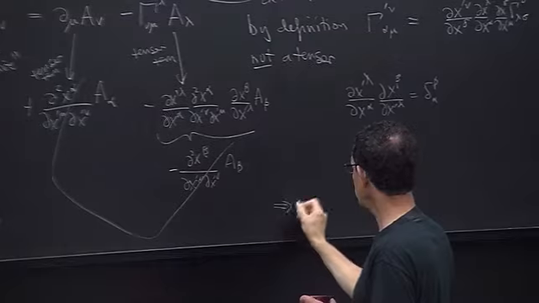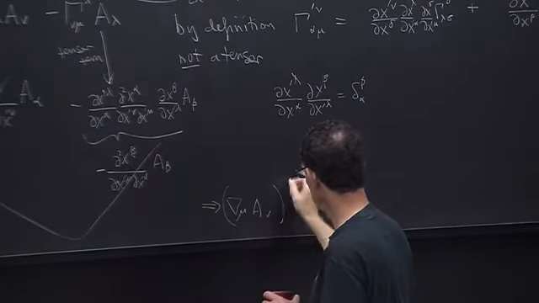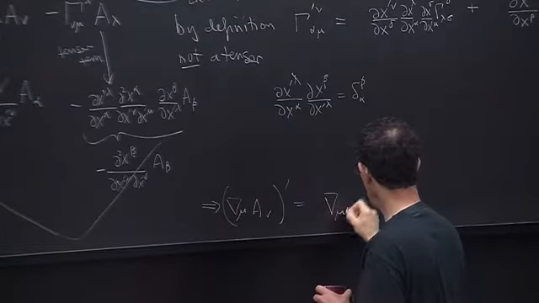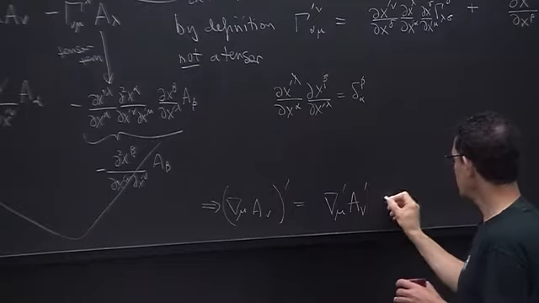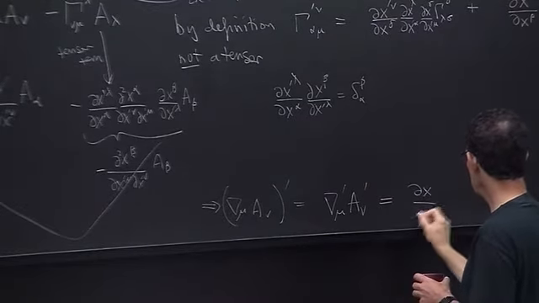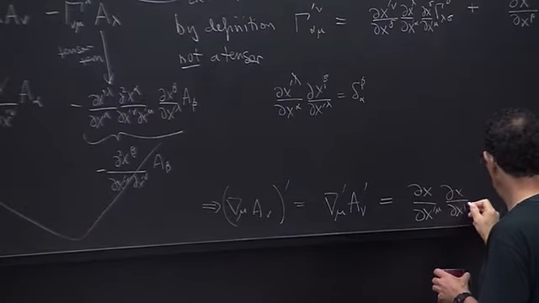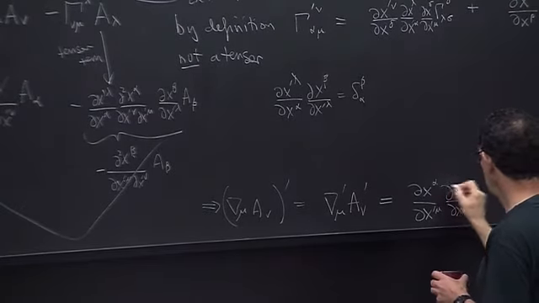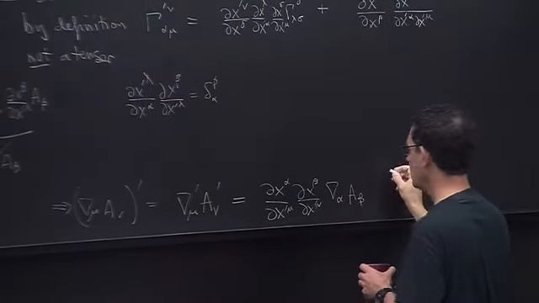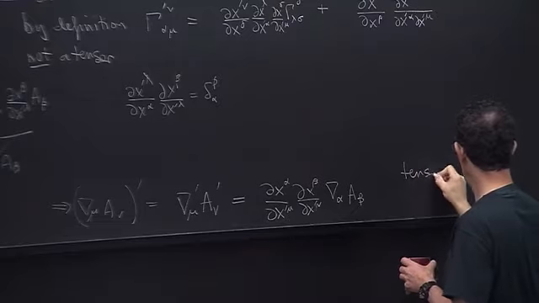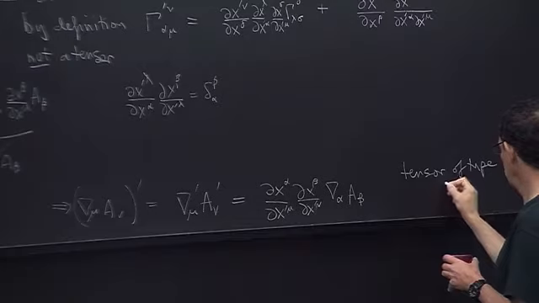It follows that D mu A nu prime, which is D mu prime A nu prime, meaning just prime everything, is equal to dx prime alpha dx prime beta, D alpha A beta, right? So this is a tensor of type 0, 2.